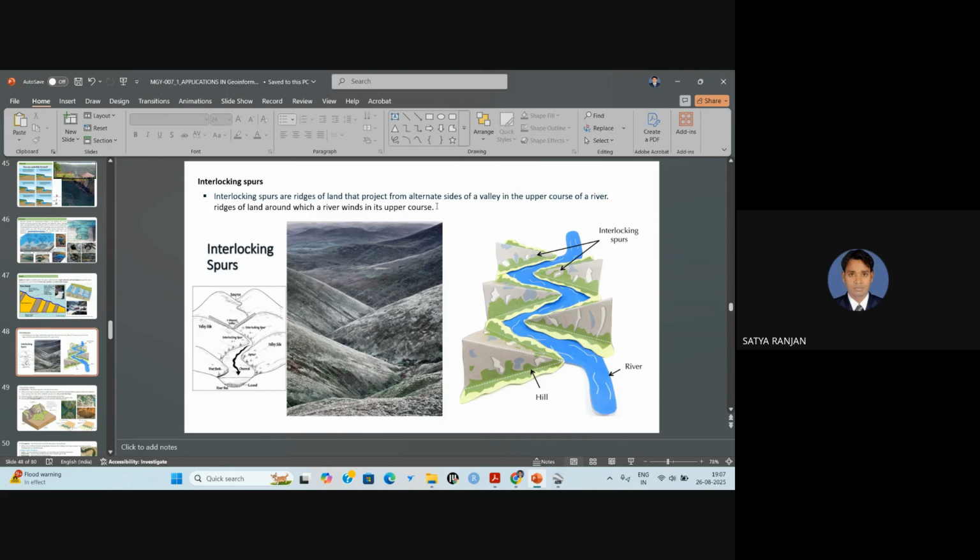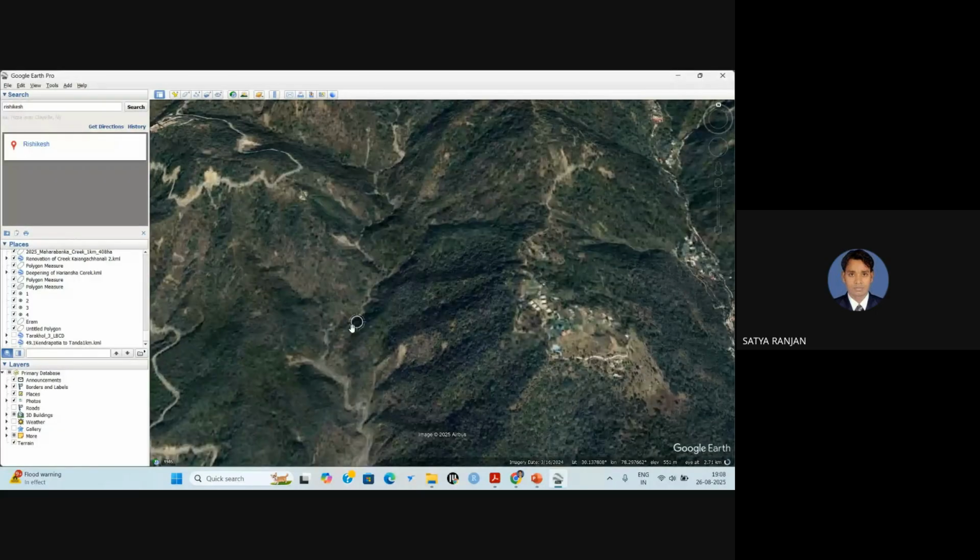That means on alternate sides of the valley in the upper course of the river, there are ridges of land around which the river winds in its upper course. There is a ridge of mountains present. Most of the time in the Himalayan area, this type of ridges are found. So this is also a ridge.